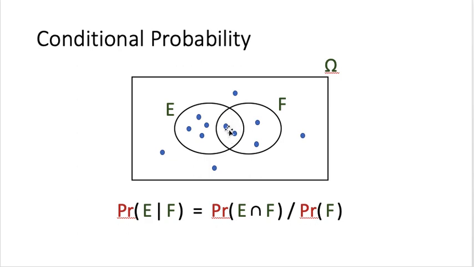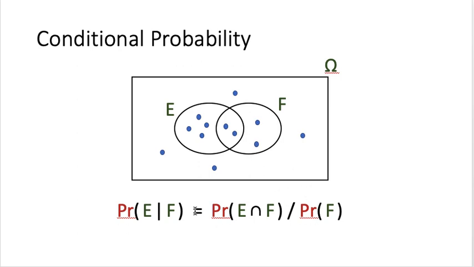So what we are going to do here is find the probability of the outcomes here compared with the probability of all the outcomes within this region. That's why probability of E given F is equal to the probability of this part, E intersect F, divided by the probability of F. Is that okay?